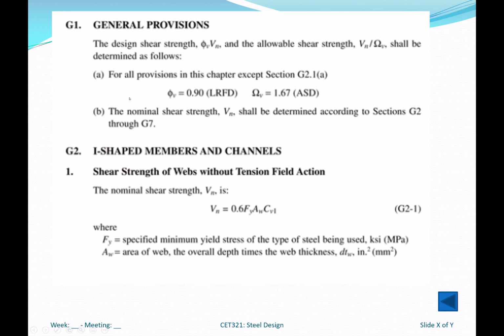Pretty much the provision in chapter G that we'll deal with is this one, and I'll point this out to you right now. All right, A sub w, area of the web, which is going to be d times t sub w. So we'll get to revisit shear stress, which is VQ over Ib.